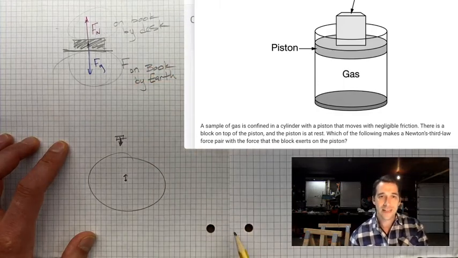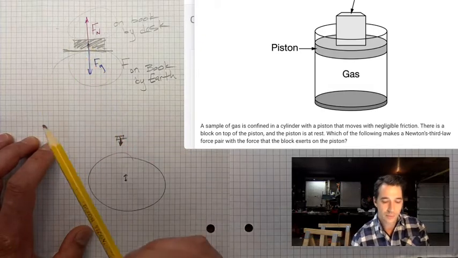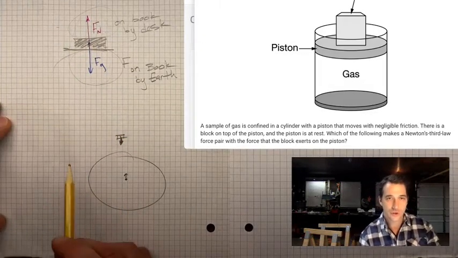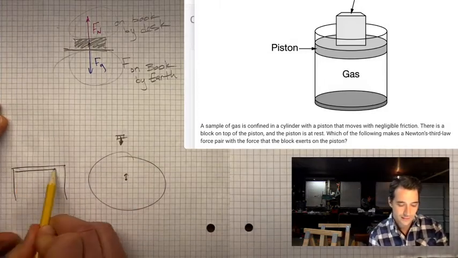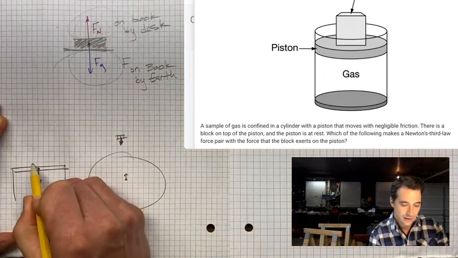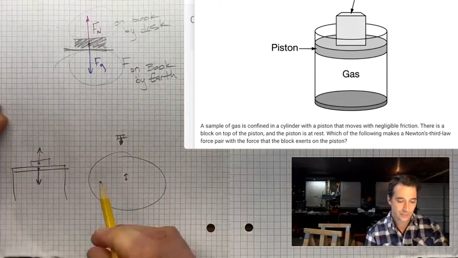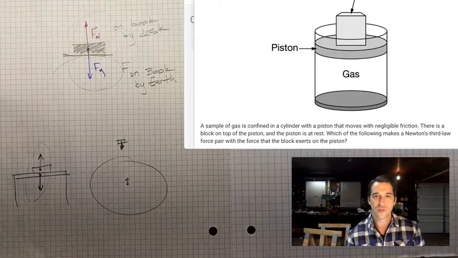Which means the book is also applying a force on the desk. So if I was to draw that force pair, here's my desk, right? The desk is being pushed down with the same force that the desk is pushing the book up. There's my Newton's third law force pair.